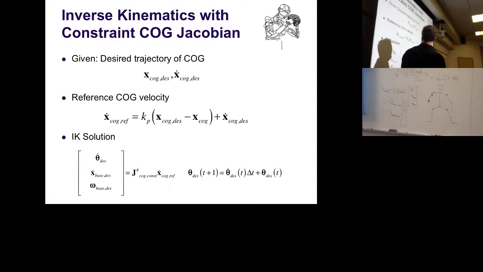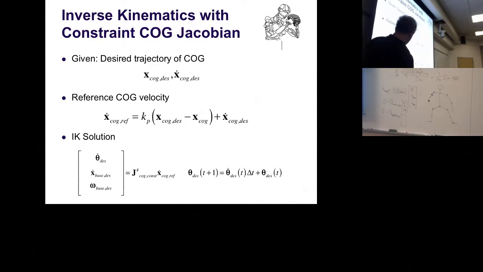Okay? This thing I have, and then basically I take this reference velocity, run it through the pseudo-inverse of the CUG, and out I get the desired velocity in joint space, the desired velocity in the base position, and base orientation. Now those I don't need, I can't actuate anyway. So I just happily ignore them. I only care about this thing.